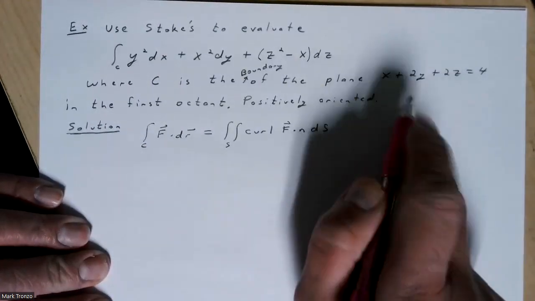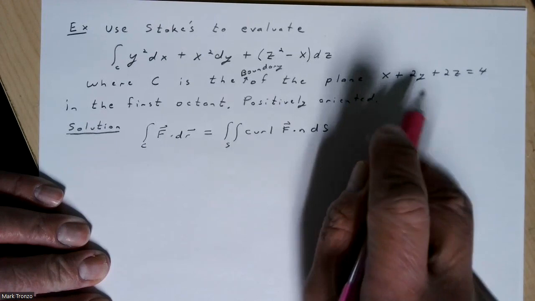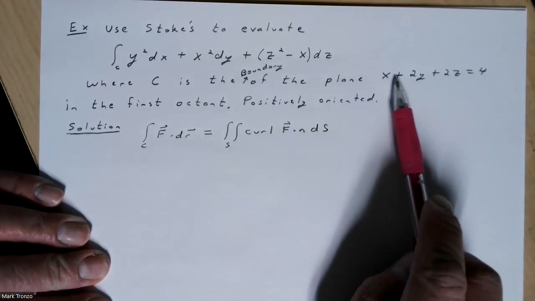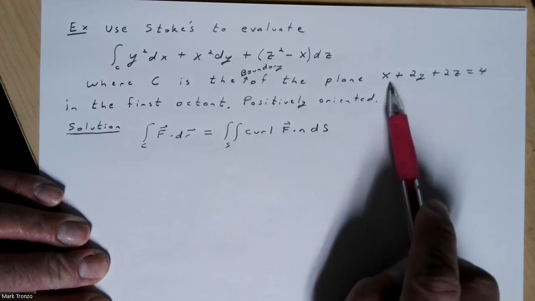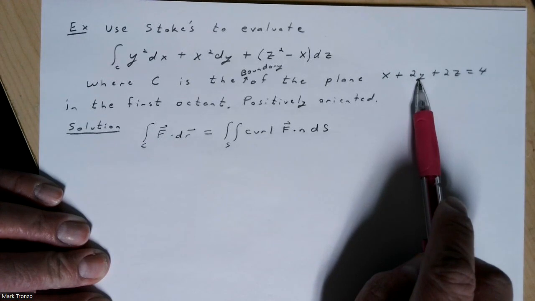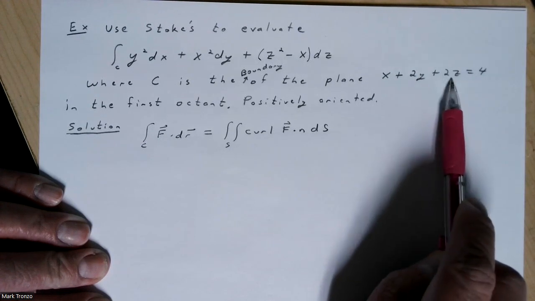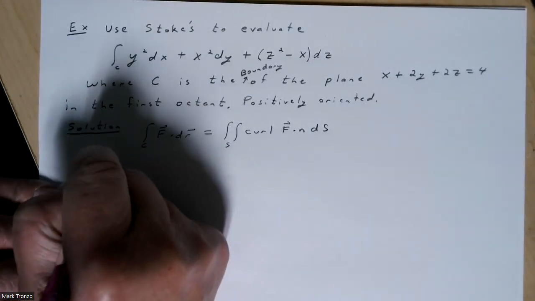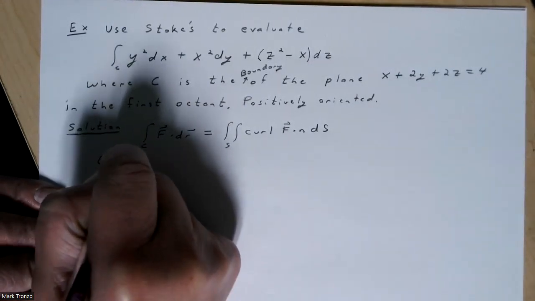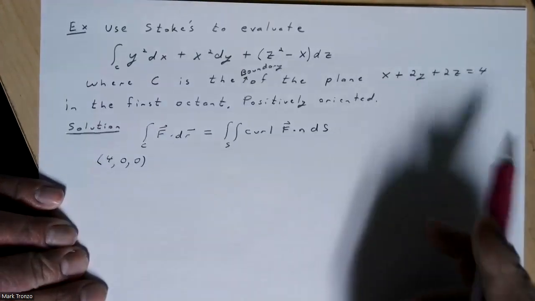So let's draw that. Of course, you remember how to draw the plane in, say, the first octant. You can set two of these variables at a time equal to 0. So for example, if you set y and z equal to 0, that'll give you x equal 4. So 4, 0, 0.